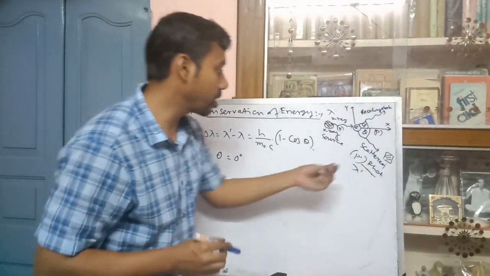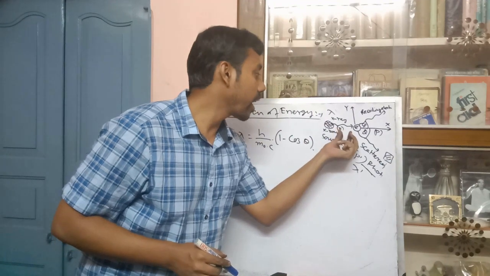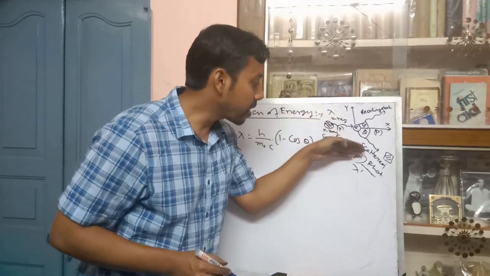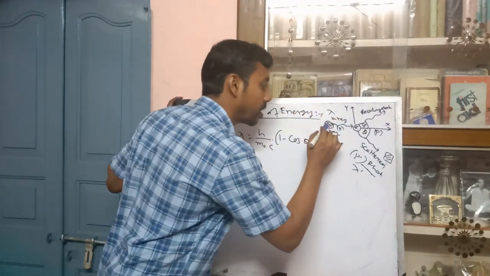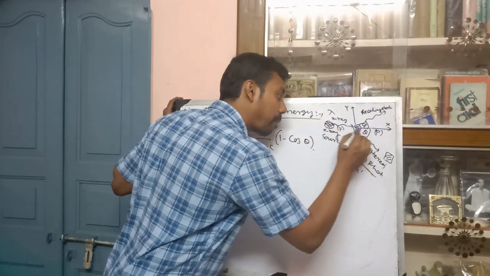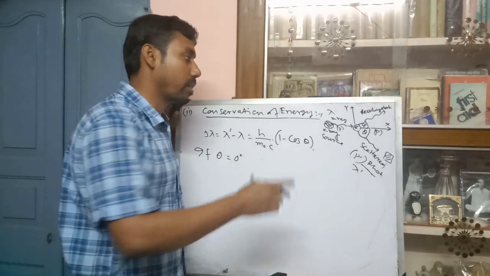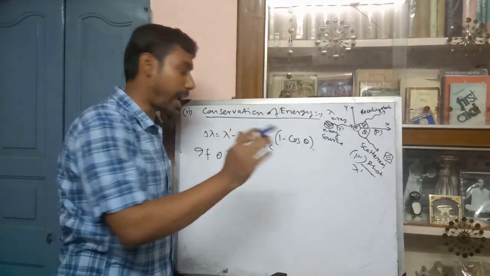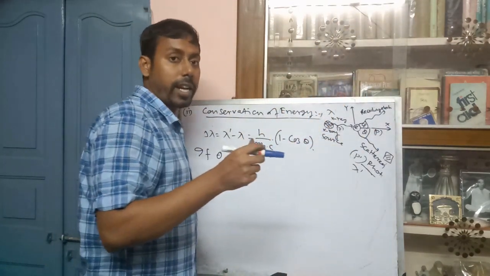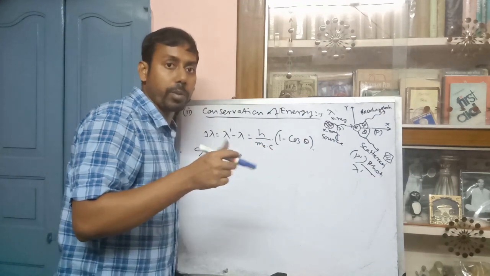That means the angle between the incident X-ray and the scattered photon is 0. That means the photon is going along the positive X direction after scattering from the electron, going linearly. At that, what will be the delta lambda, the Compton shift?